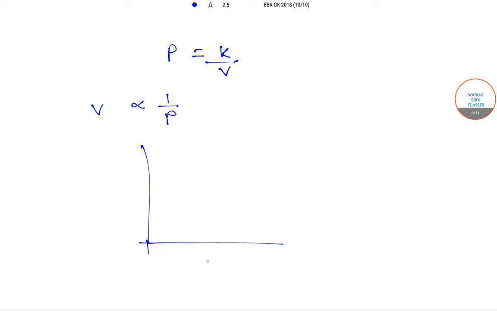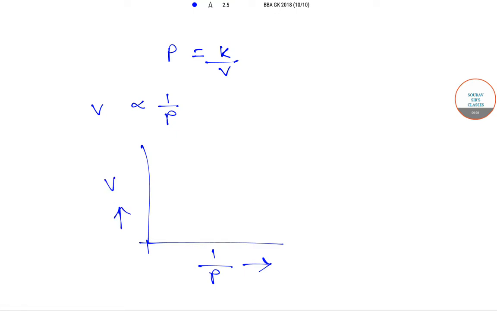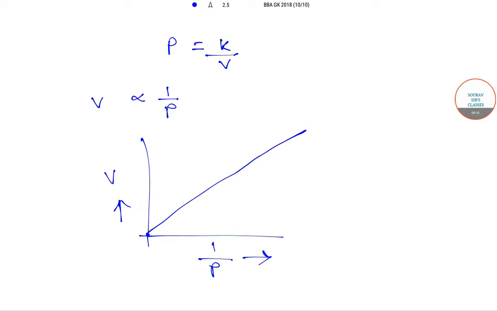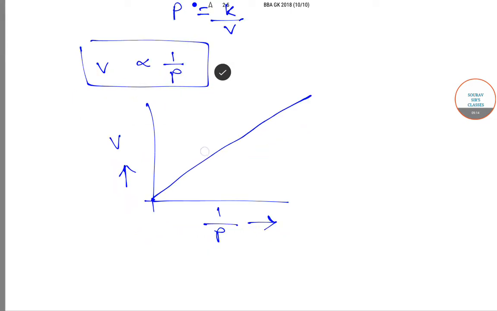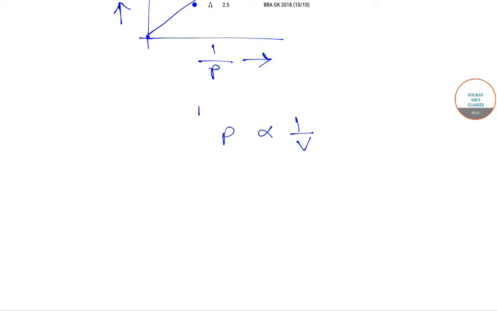the y-axis, right? And if we take 1 by P in the x-axis, then V in the y-axis, it will be a straight line passing through the origin with the slope K in each case, that is for V varies as 1 by P, and also in the next case that will satisfy P varies as 1 by V. So in this case also it will look the same.